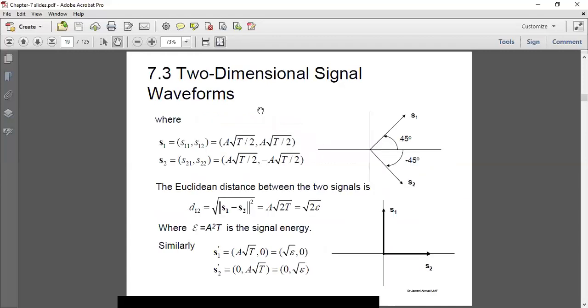Then two-dimensional signal waveforms can also be represented by their vector notation. So S1 is a vector having S11 and S12. The value of S11 is square root of A square T divided by 2. Similarly, S12 is square root of A square T divided by 2. And for S2, the components are square root of A square T divided by 2, comma, minus square root of A square T divided by 2.